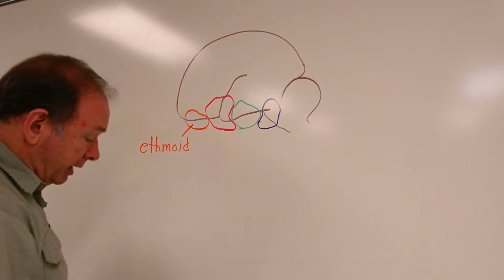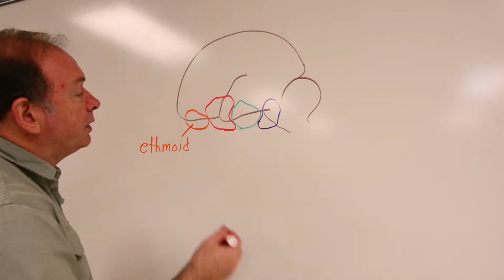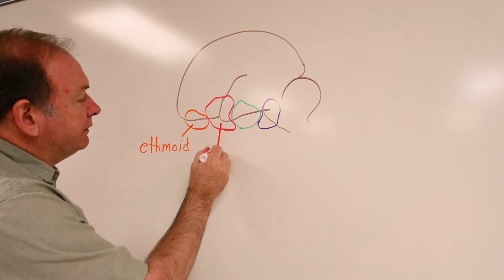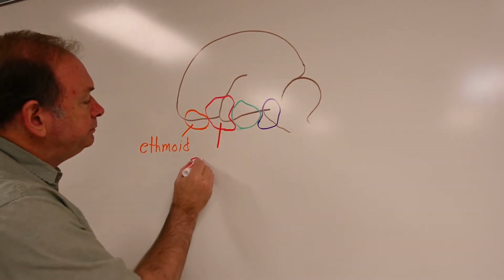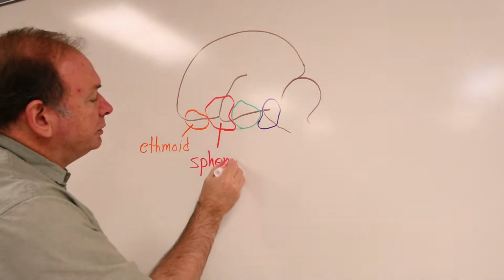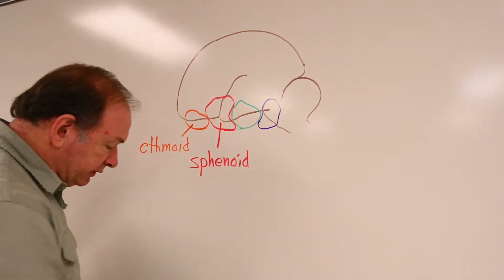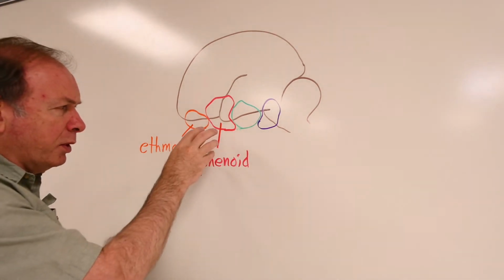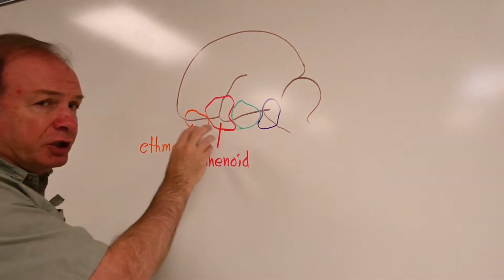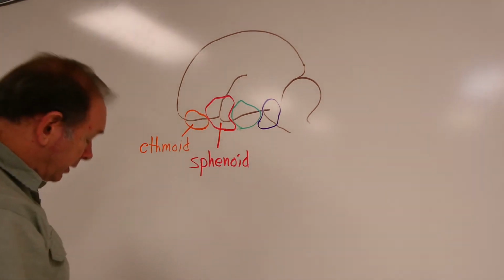Next, in red here, we have the sphenoidal centers of ossification. So this forms part of the sphenoid bone. There will be more to the sphenoid bone than just this neurocranial component, we'll see.